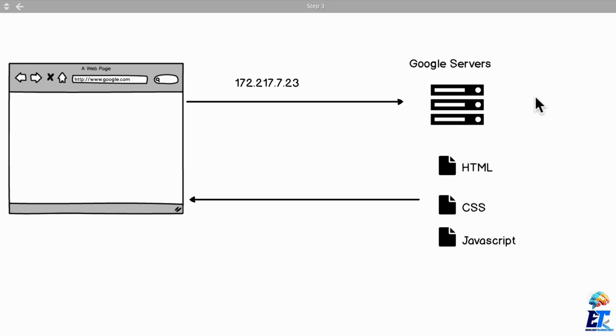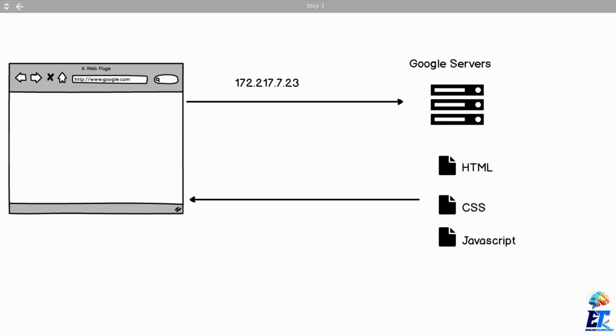Servers are essentially computers that are sometimes in basements or in huge server farms, and they have a piece of software running that, just like at a restaurant where a server brings you food, knows how to send you files when you request them. So we send this off, and the Google servers say, oh yeah, no problem. Let me give you my HTML, CSS, and JavaScript. We'll get into what those are later on in the course, but think of them as just text files. They're text files that Google's going to send to the browser so we can have Google working.